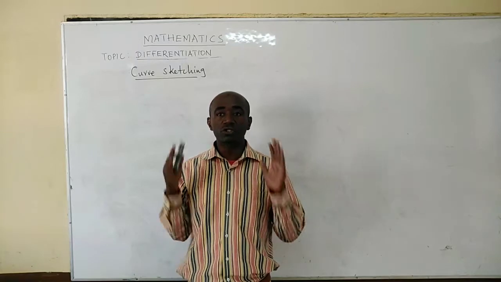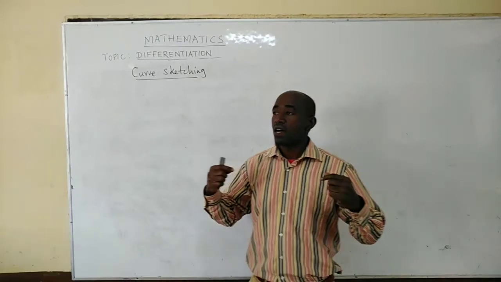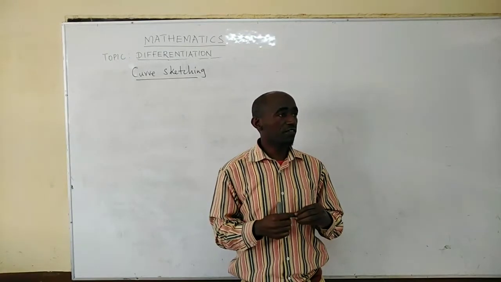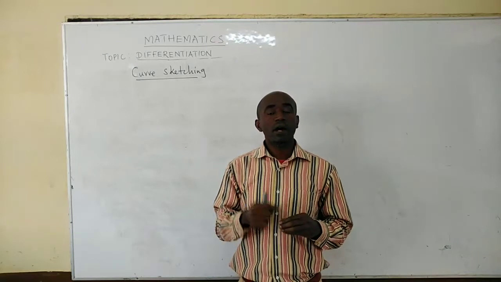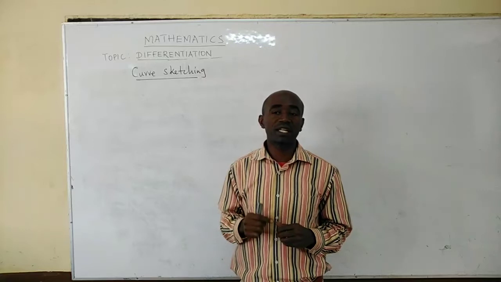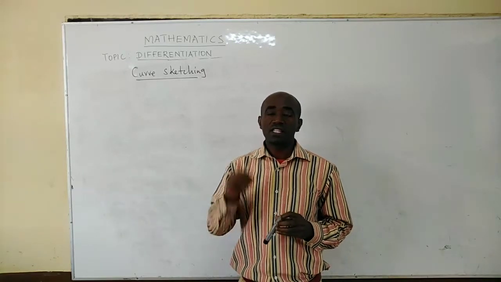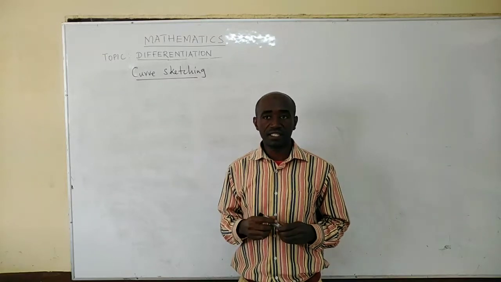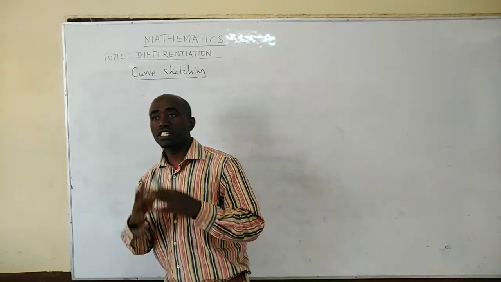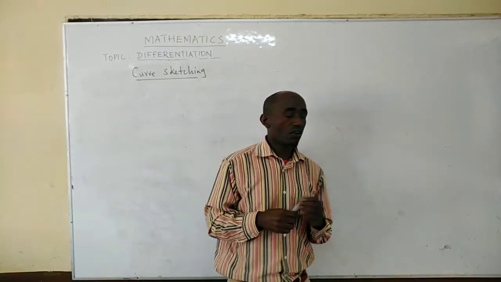For example, when you say important features, it's like at what point the graph cuts the y-axis, at what point the graph cuts the x-axis, and if there are stationary points on the curve, the stationary points should be clearly indicated. So that is what we mean by sketch of a curve. It should show the general shape of the curve and also any important features of the curve.